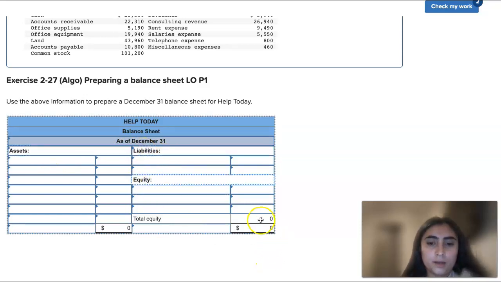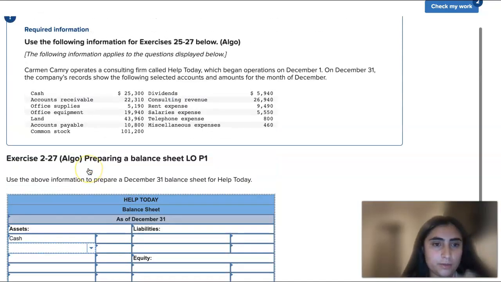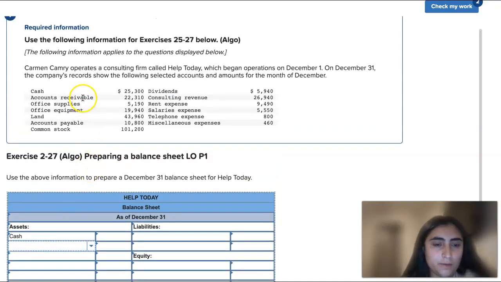In here, under total equity, we're going to add both total liabilities and total equity, and then do the same for assets. So we're going to find our assets. We're going to put in here cash. What else would we have?